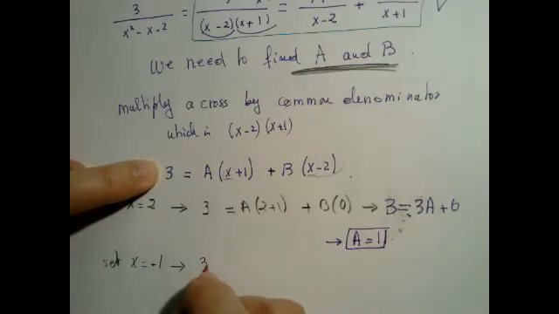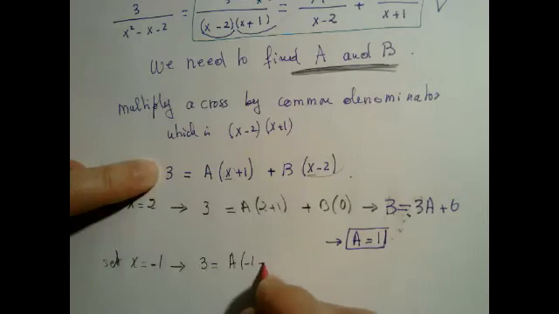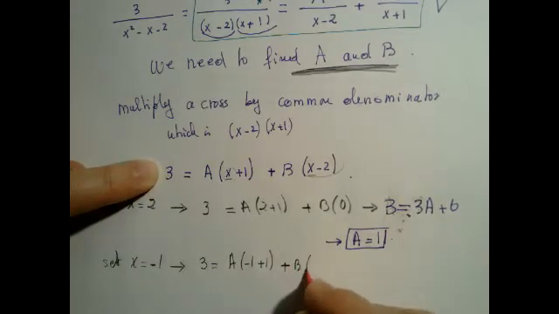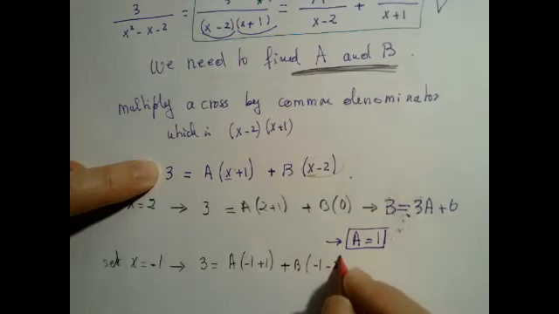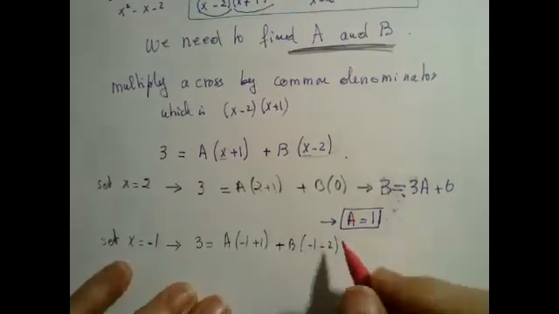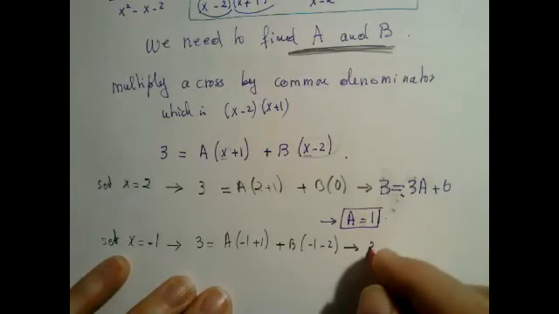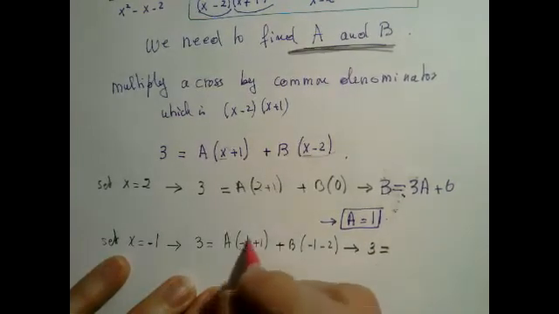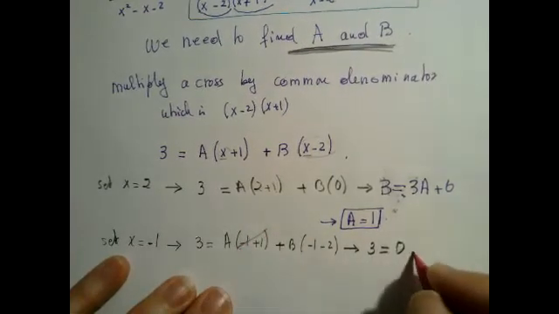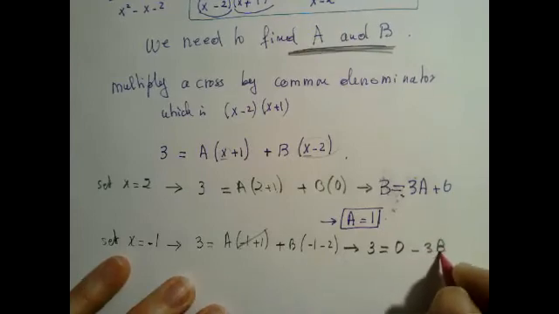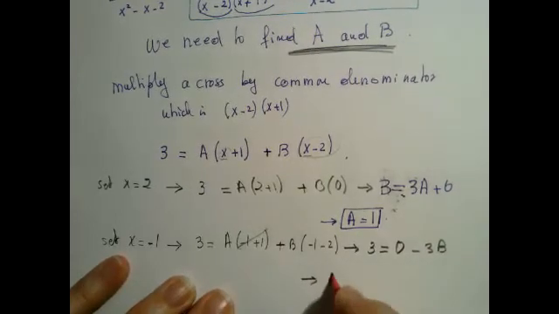I get 3 equal a times minus 1 plus 1 plus b times minus 1 minus 2. And this would give me 3 equal minus 1 plus 1 is 0, minus 3b. And now I solve for b, I get b equal to minus 1.